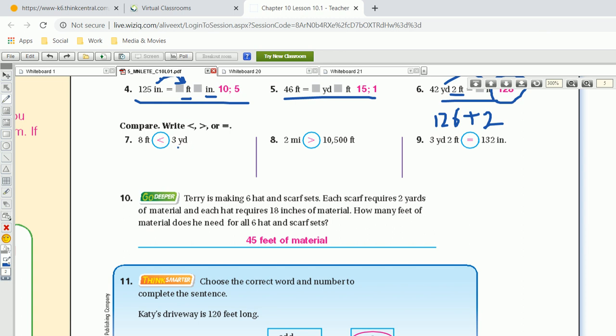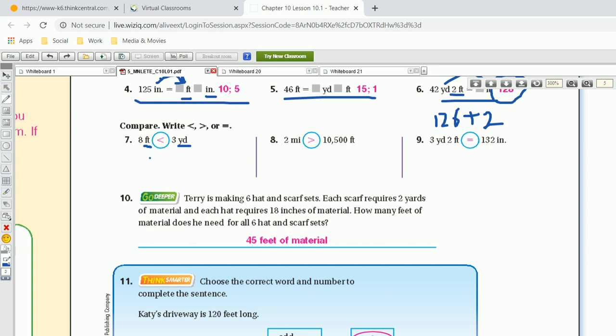As we said before, it's easier to convert the big unit to the small unit, because in this case you're going to multiply, and multiplication is easier than division.